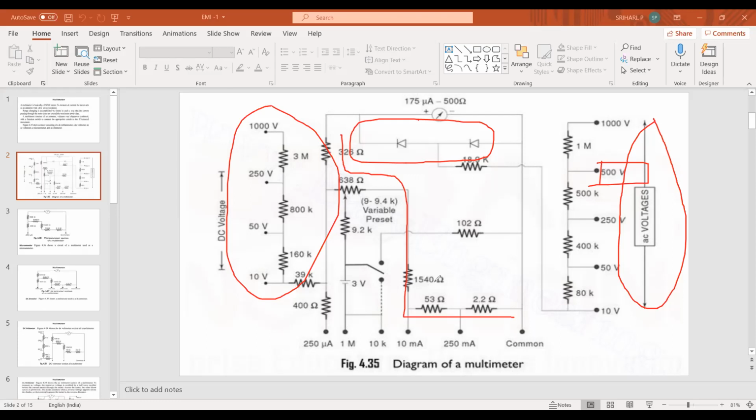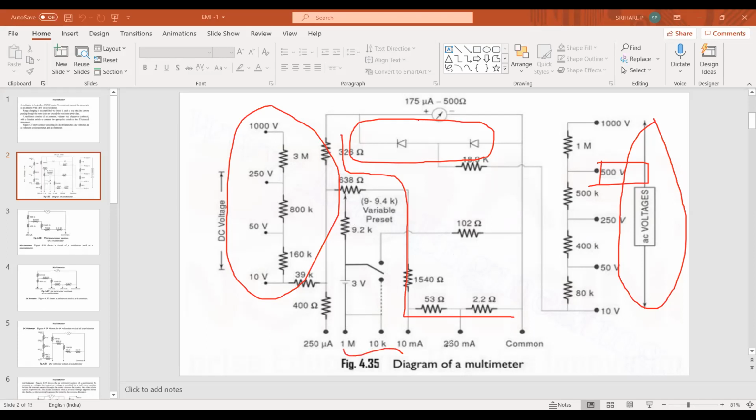And these resistors are 326 ohms, 638 ohms, 1540 ohms, 53 ohms, 2.2 ohms, like that. We connect these resistors depending upon the requirement. This is a preset variable resistor.